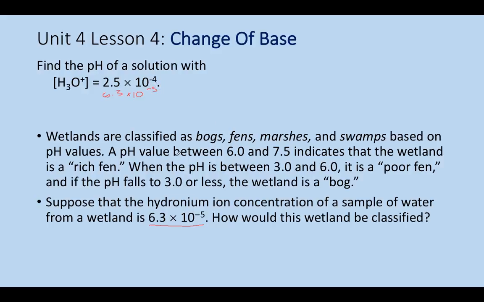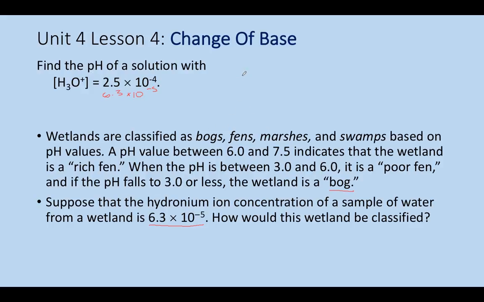So we have this situation where the pH value of the water in a wetland is how we describe it. If it's a rich fen, that means the pH is between 6 and 7.5. It's a poor fen if it's between 3 and 6, and less than 3, it's called a bog. So that's really acidic.